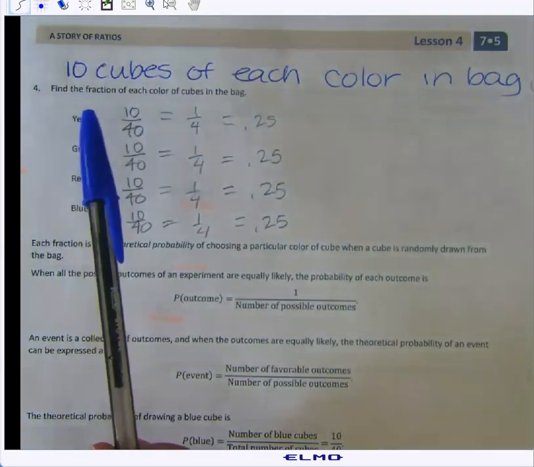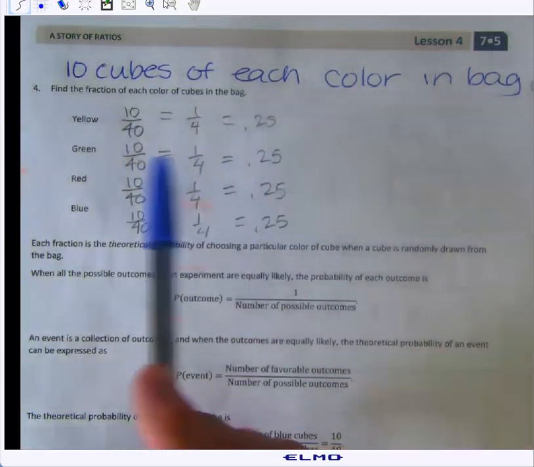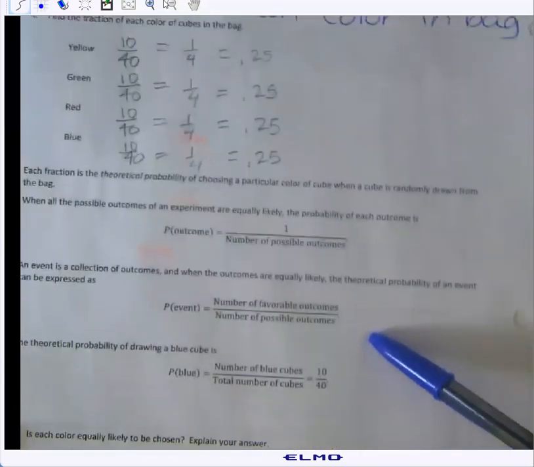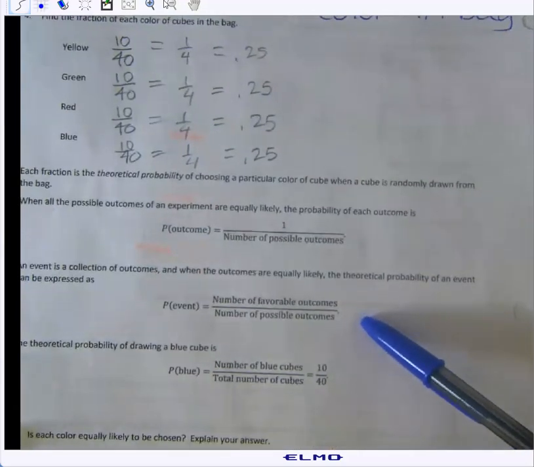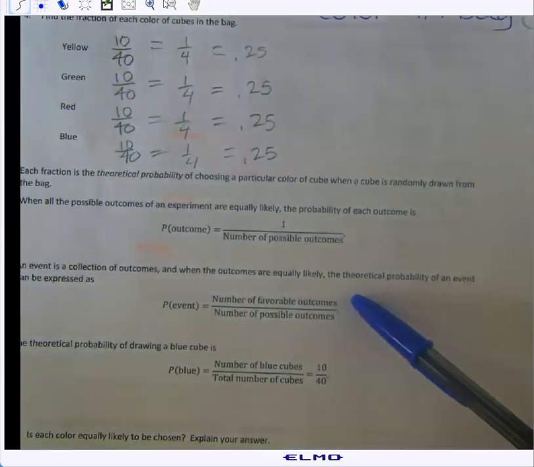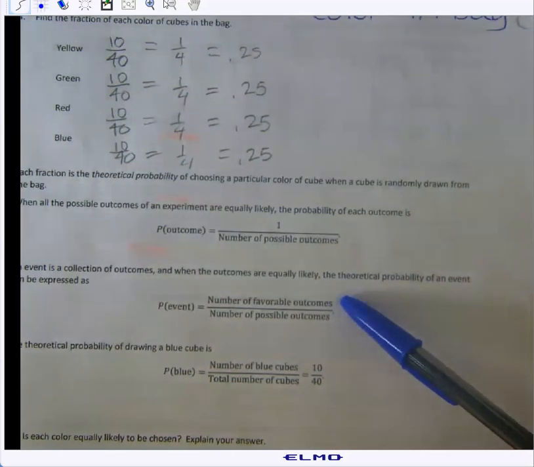So now we can find the theoretical probability. Now that we know exactly how many yellow cubes there really are in the bag, I can calculate the theoretical probability. Theoretical probability is calculated the same way, except it's just a little bit different terminology. The number of favorable outcomes, in other words, how many yellow cubes are there in the bag?